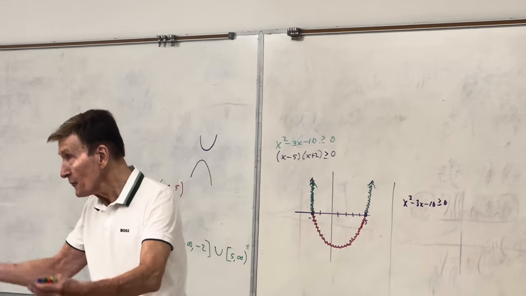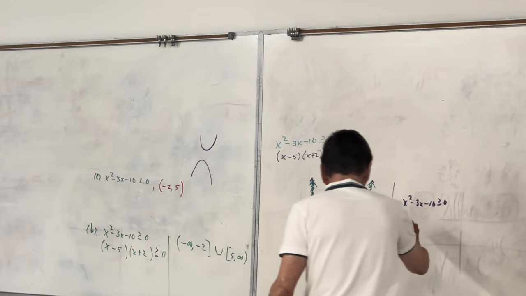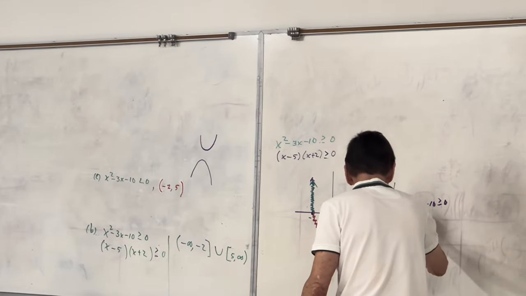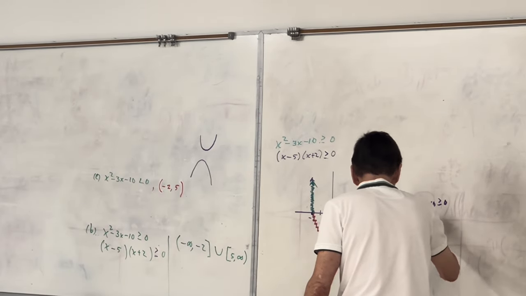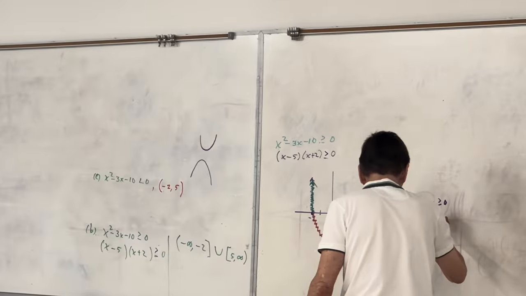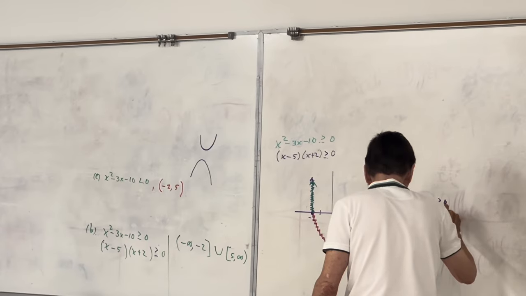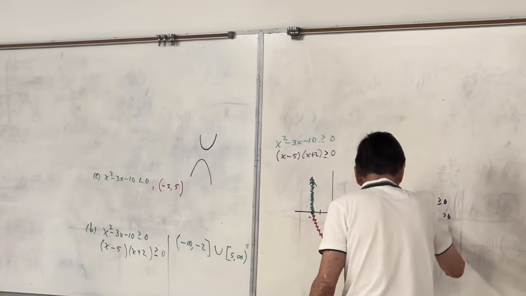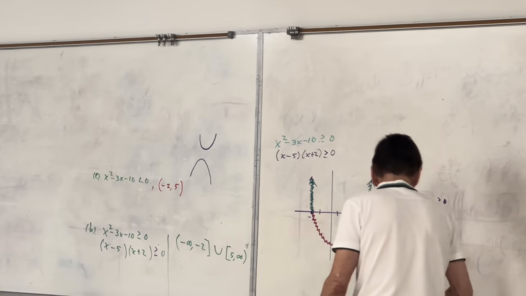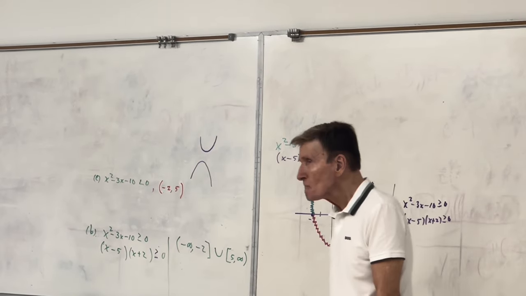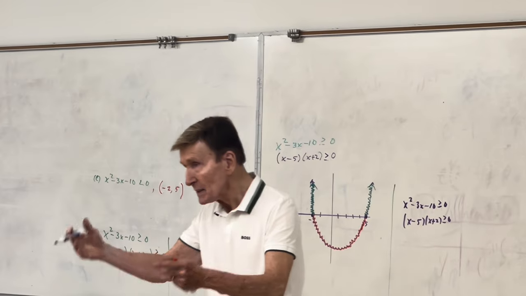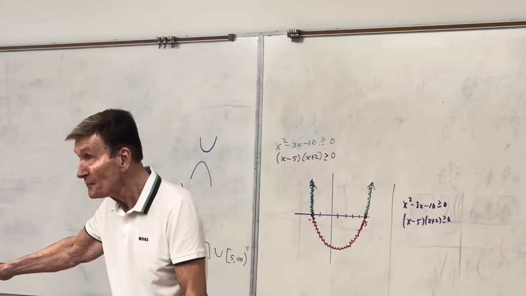What am I going to do? I'm going to factor, like I did before. It factors merely into x minus 5, x plus 2. Now here's the technique if you don't have the graph provided.